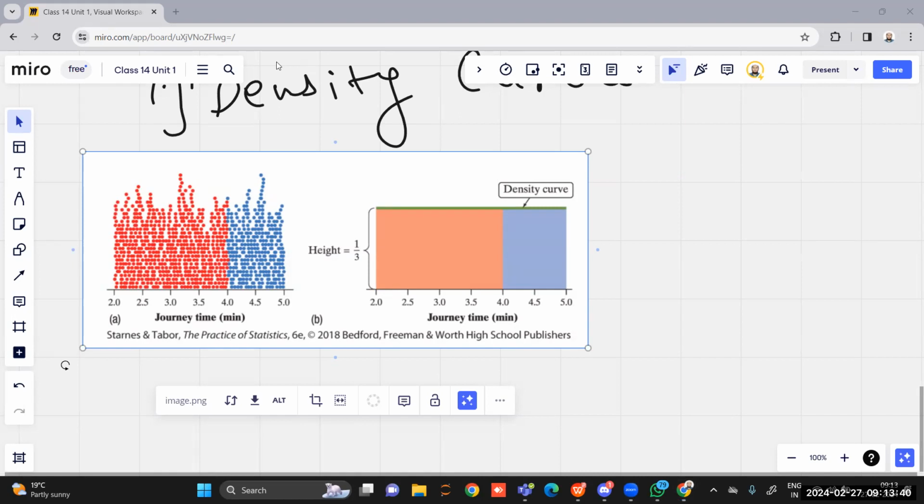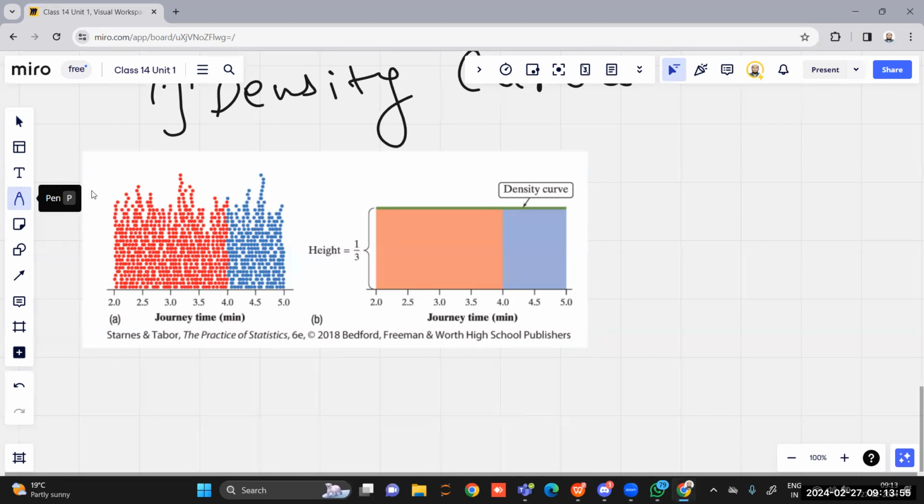Okay, so you're coming back to the topic. What he has done, literally, is plotted a dot plot, correct? The dot plot is at a height of 1/3.